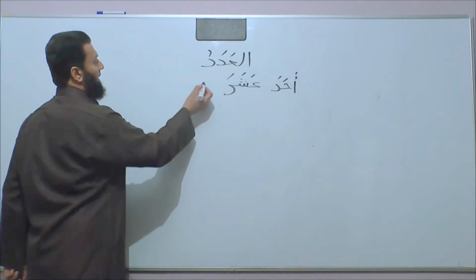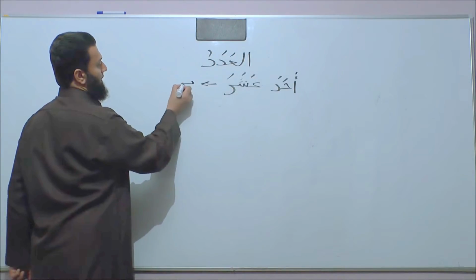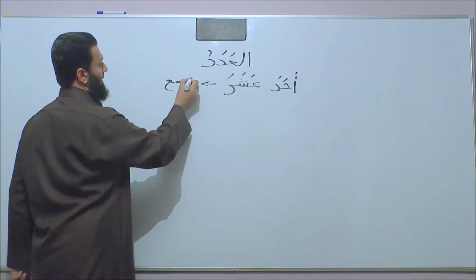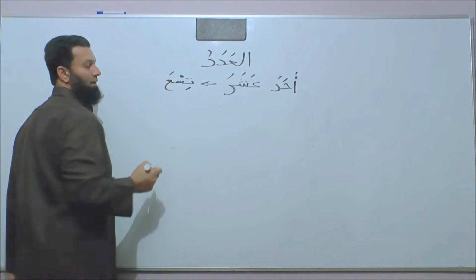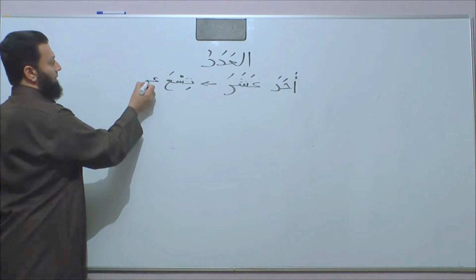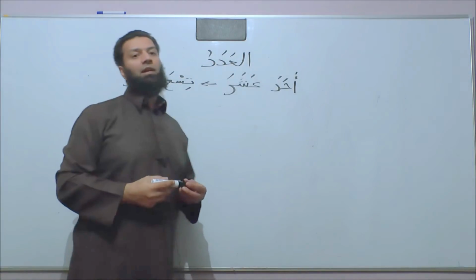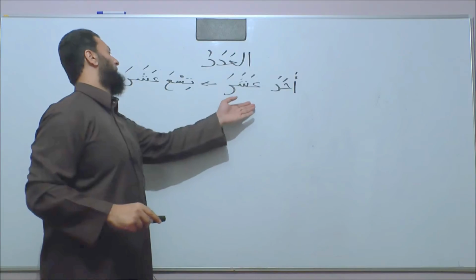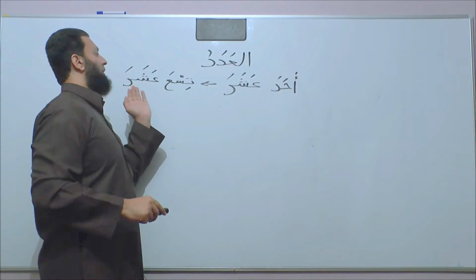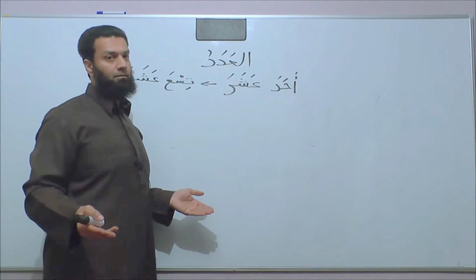And 19 is tis'a ashara. Ahada ashara is 11 and tis'a ashara is 19.